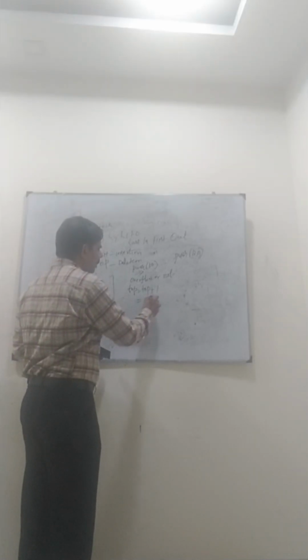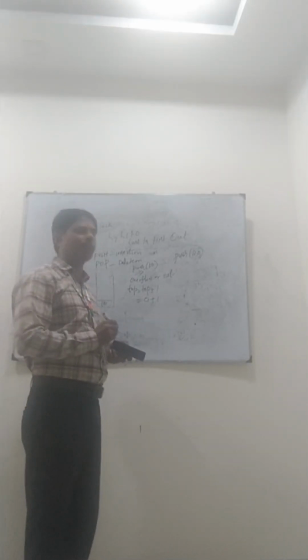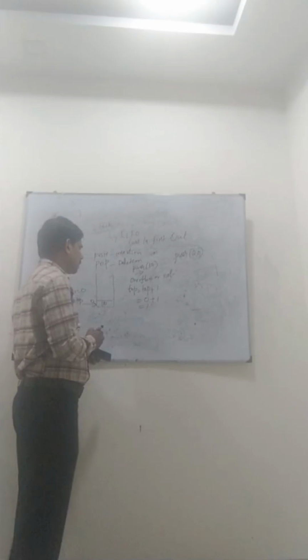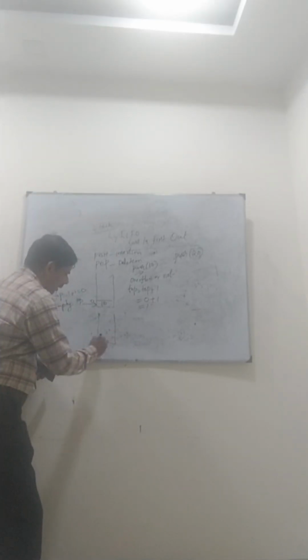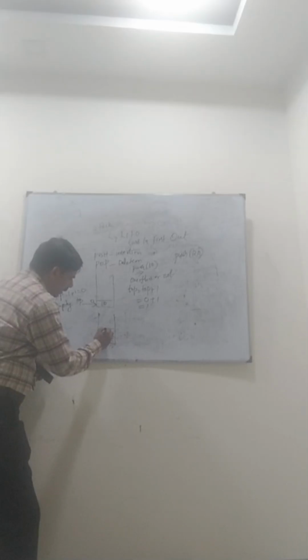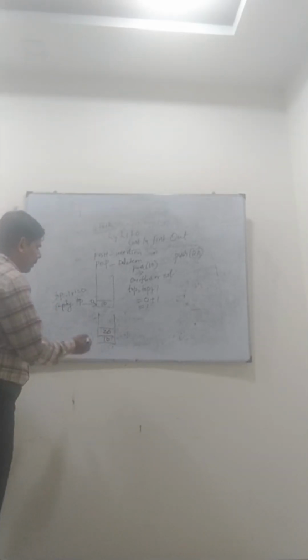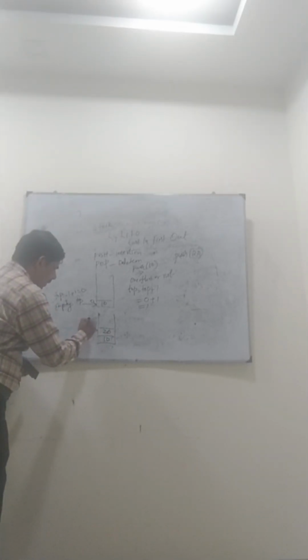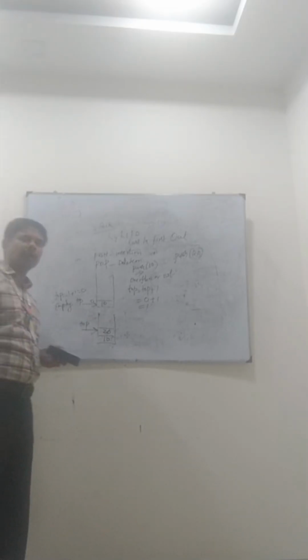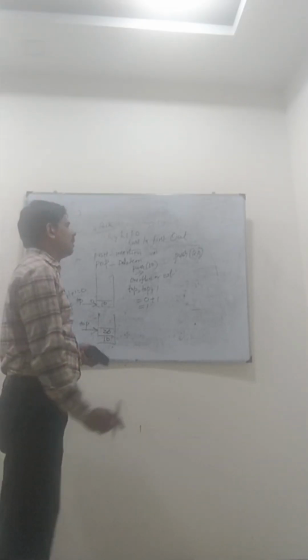The previous top value was 0, now incrementing by 1, the top is 1. The stack already contains 10, and now we insert the new element 20. The top of the stack is pointing here. Now we have inserted two elements.